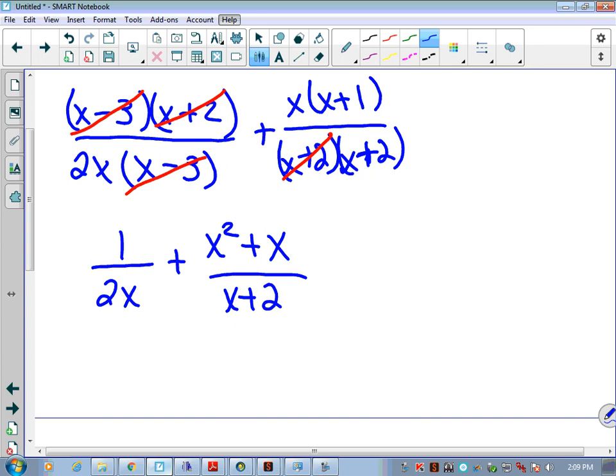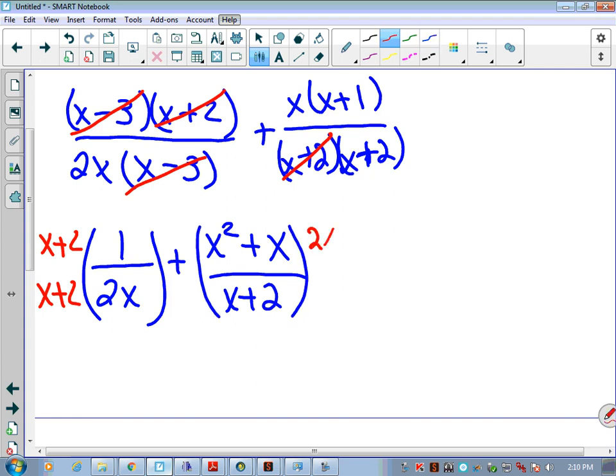And what do I do if the common denominator isn't obvious? Multiply both sides by the other side's denominator on top and bottom. Okay? So, I can multiply this by x plus 2 over x plus 2. Is that correct? Yeah. I can multiply this by 2x over 2x.